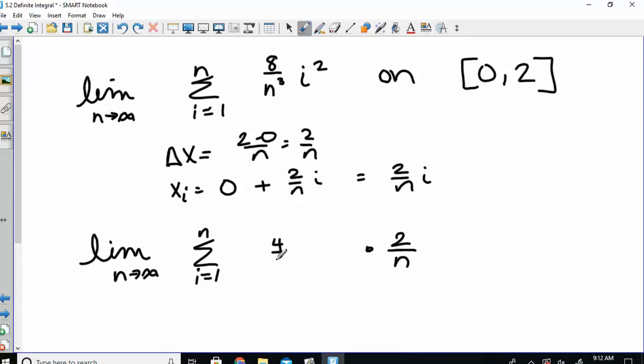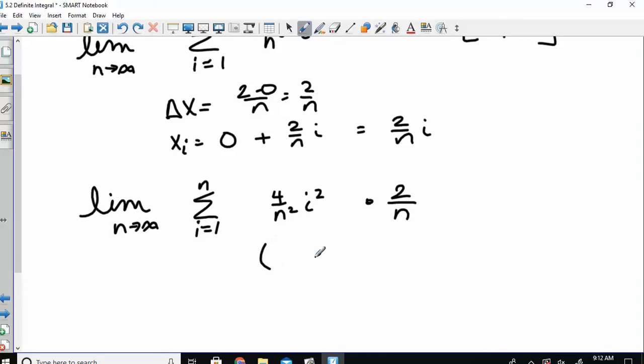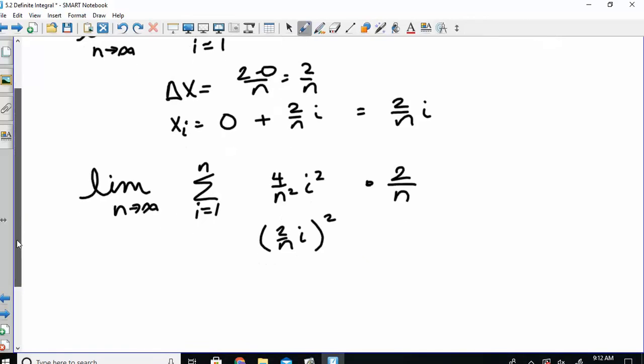I've got to pull that off. If I take that away, then you're left with 4 over n squared i squared. Because that's a square, if I move this square on the outside, then that's like a 2 over n times i, all being squared. Do you see that part?